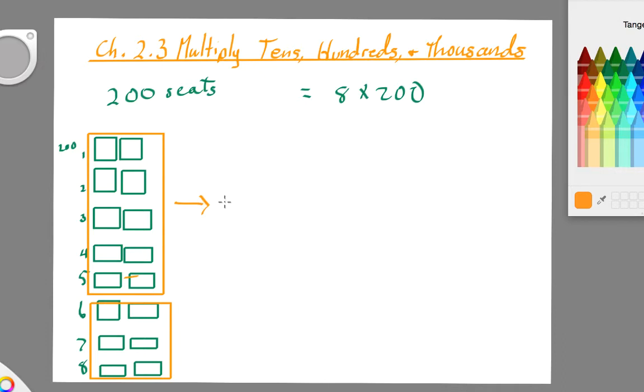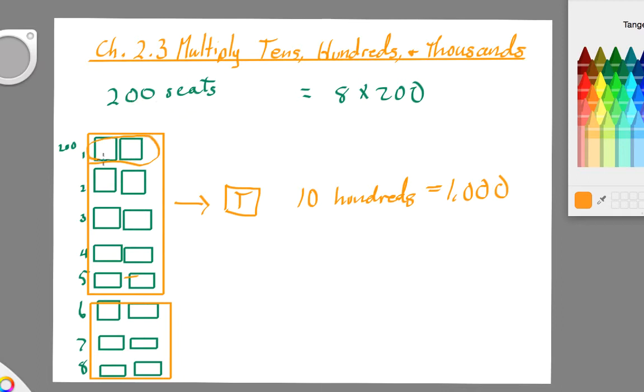So this is, I got a T like that, and they say think 10 hundreds is equal to 1,000. So we have 1, 2, 3, 4, 5, 6, 7, 8, 9, 10. That's 10. That's 1,000.